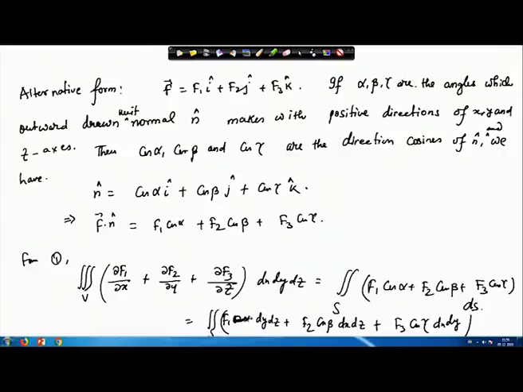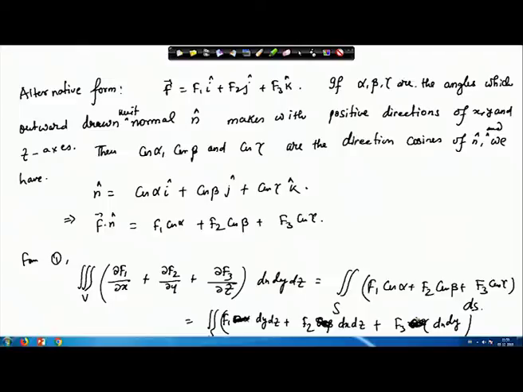When we multiply cos alpha by dS, we are basically taking dy dz, then this one is our dx dz, and this one is our dx dy. Yeah, there was a small mistake in that formula. So, this one has to be f1 dy dz, f2 dx dz, and f3 dx dy. That is a small correction in our previous formula, so just make sure you do that.